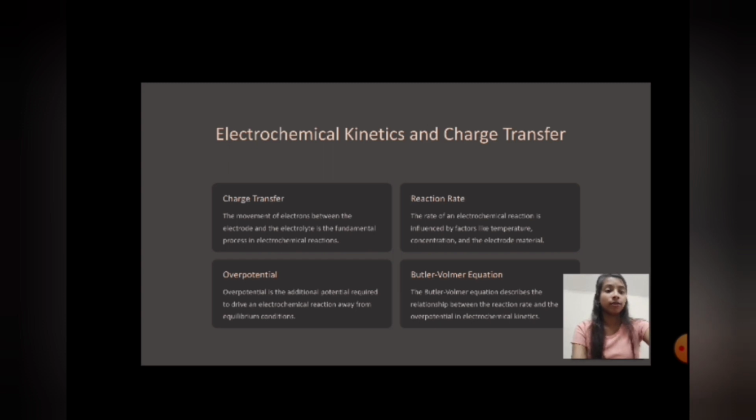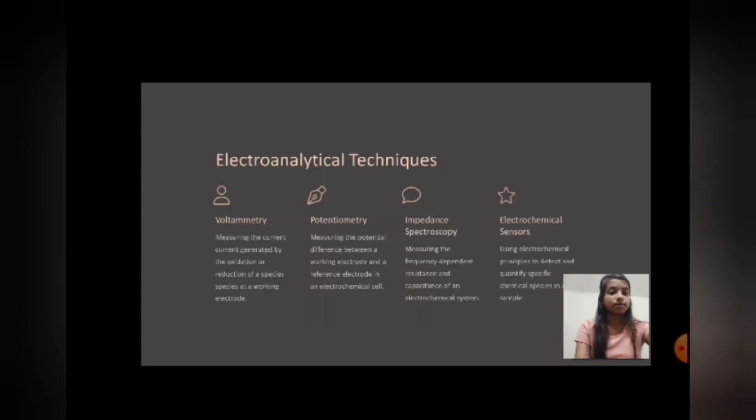The rate of an electrochemical reaction is influenced by factors like temperature, concentrations, and the electrode material. Butler-Volmer equation. The Butler-Volmer equation describes the relationship between the reaction rate and the overpotential in electrochemical kinetics.